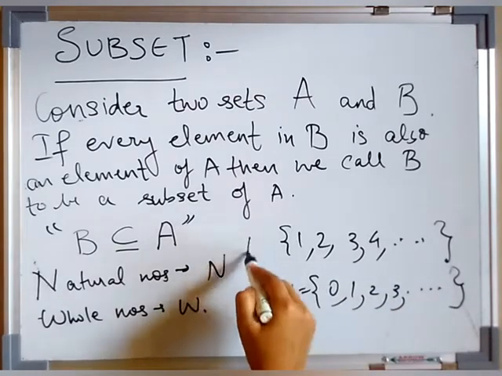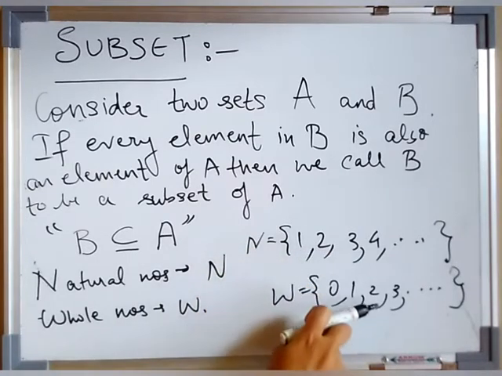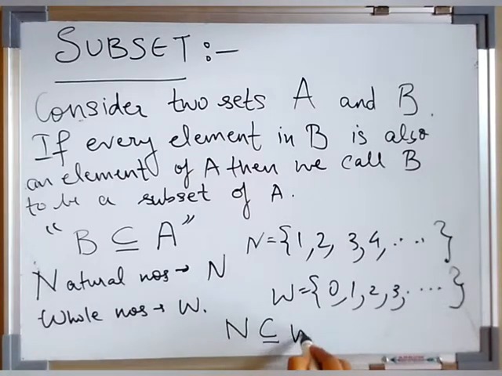So if you observe, every element in N is also in W. So my set of natural numbers is a subset of whole numbers.